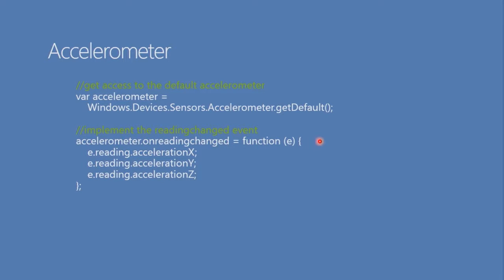So this is really going to read the accelerations around all three axes, so you can determine how you want to get that reading from the user. And it's as simple as the others. You instantiate an accelerometer by getting the default, and then every time the reading changes, you have access to reading.acceleration x, y, and z. Those are the axes: the acceleration around the x-axis, y-axis, and z-axis.